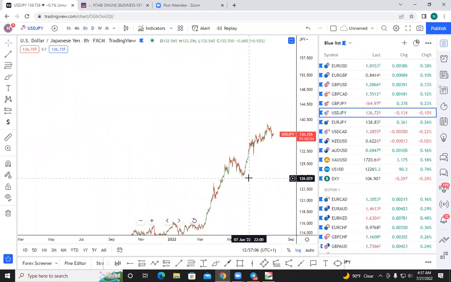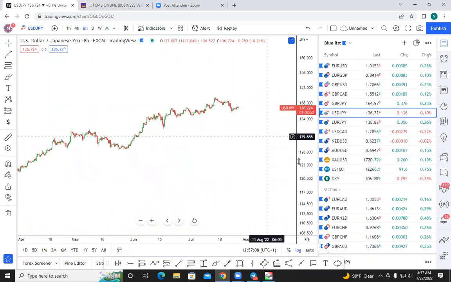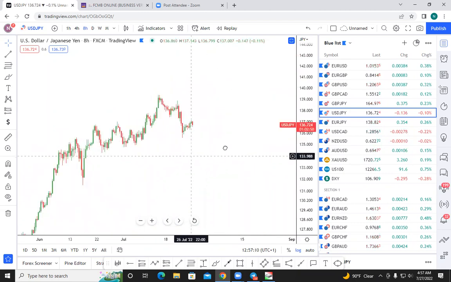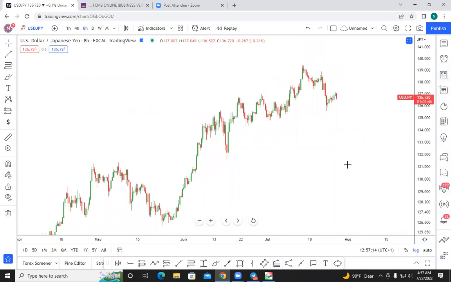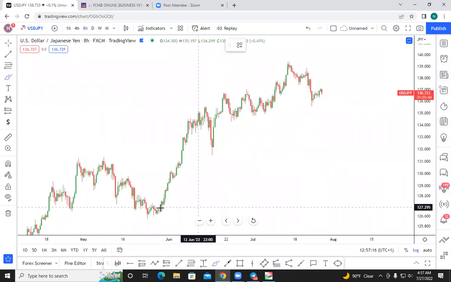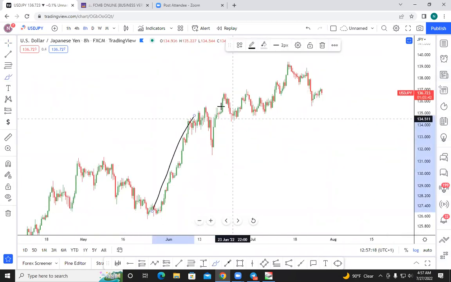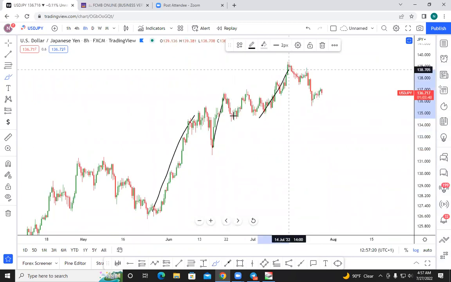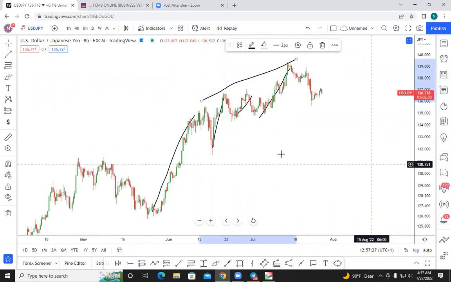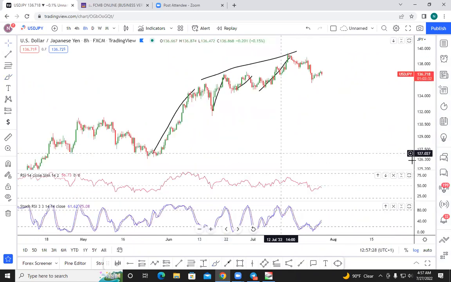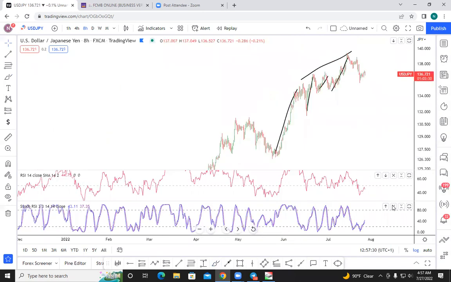Okay, all right. So here you can see what I told you about ending structure. You can see this push you have here. Do you notice that you no longer have it again? So that is a sign of weakness. And you can test that sign of weakness by checking the divergence.